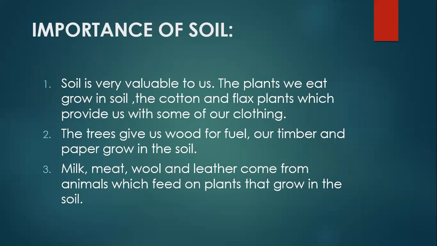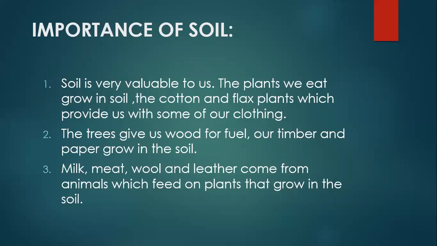As we know that soil is very important to us, we are now going to study the importance of the soil, why soil is important to be fertile and how it helps us to make different types of things. So the very first point is soil is very valuable to us. The plants we eat grow in the soil. The cotton and flax plants, these are two types of plants, which provide us with some of our clothing.